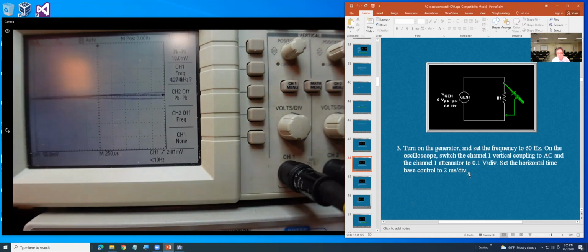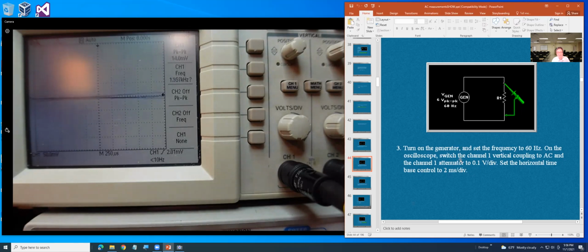The only thing you want to know is what signal they want applied. They want 6 volt peak to peak and 60 Hz frequency. So the only thing you need is to verify you get 6 volt peak to peak at 60 Hz. That'd be fine.